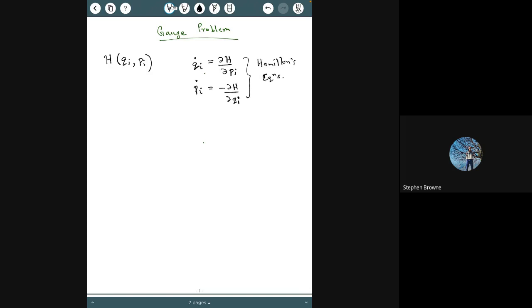Now, you see that the forces on the particles, which are the real quantities, are related to the derivatives of the Hamiltonian, so you can always add a constant to the Hamiltonian. So the Hamiltonian is not unique in that sense.